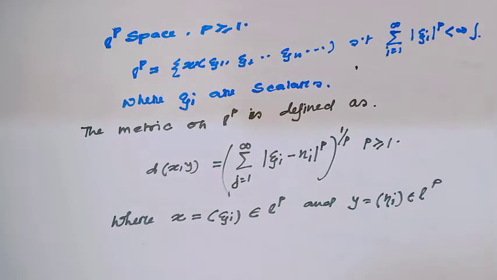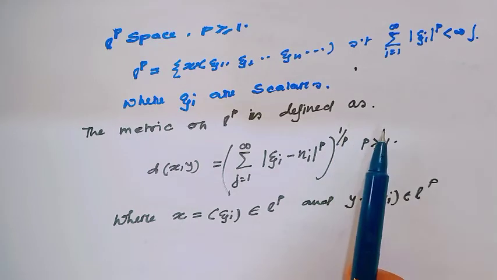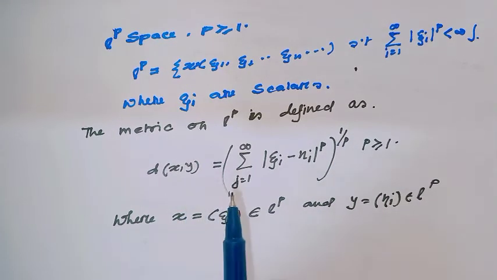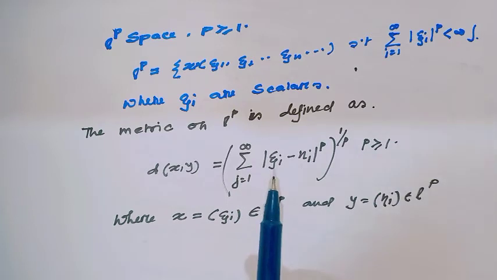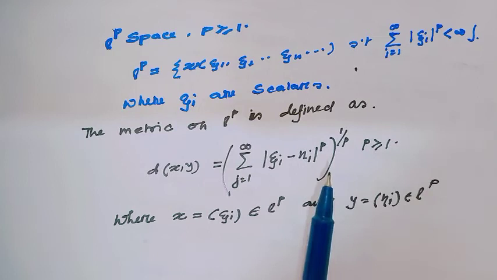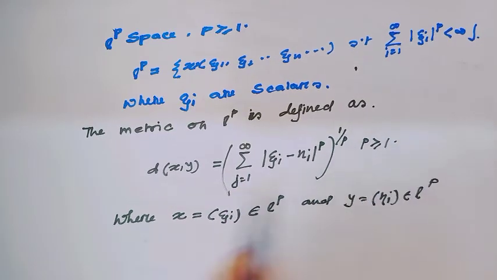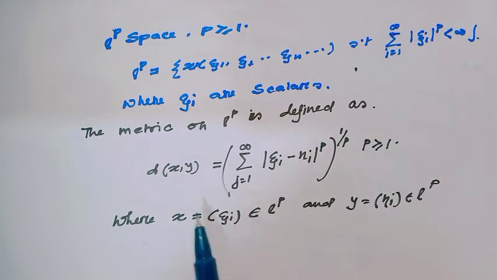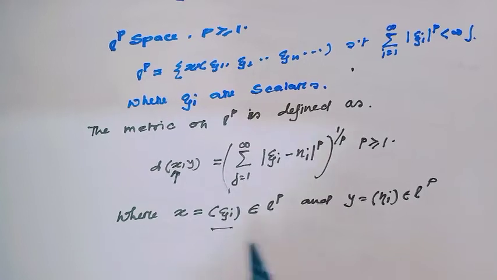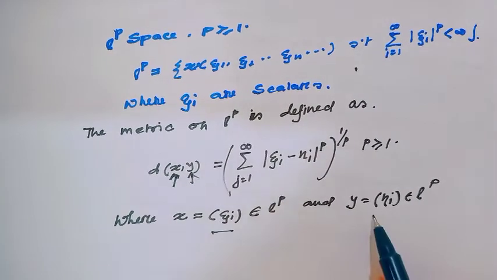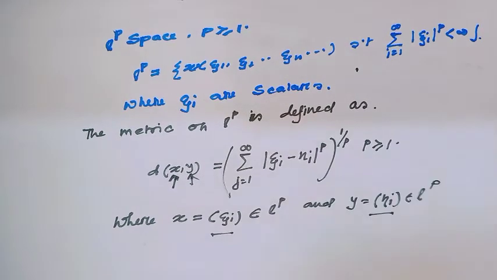Then we can define a metric on lp as d(x, y) equals the summation from i equals 1 to infinity of |xi_i minus eta_i| to the power p, all to the power 1 over p, where p is greater than or equal to 1, where the element x is the sequence (xi_i) and y is the sequence (eta_i), which belong to lp.